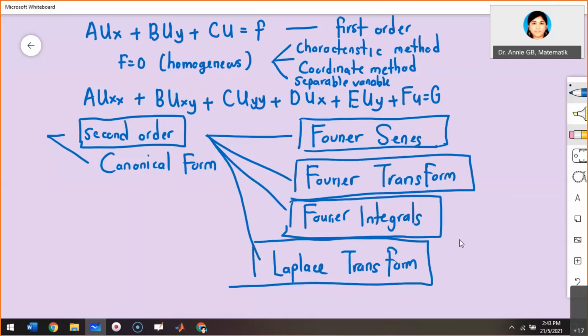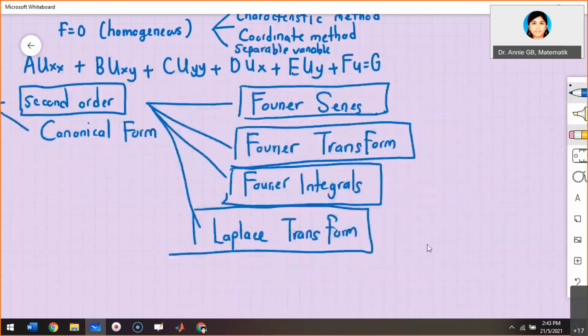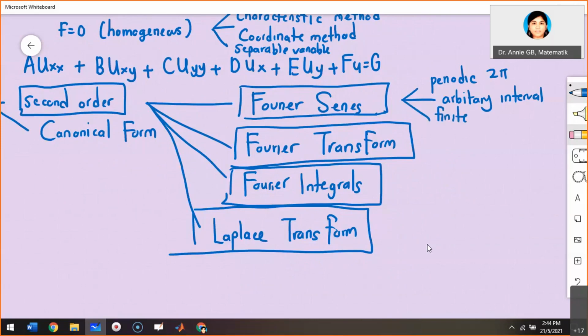Okay, so Fourier series ni biasanya kalau kita nak dapatkan specific interval, okay, kita ada macam periodic 2 pi interval, and you can have arbitrary interval. Okay, tapi dia finite lah kan, dia finite interval.